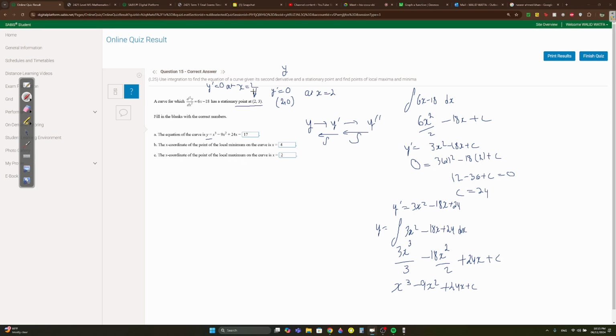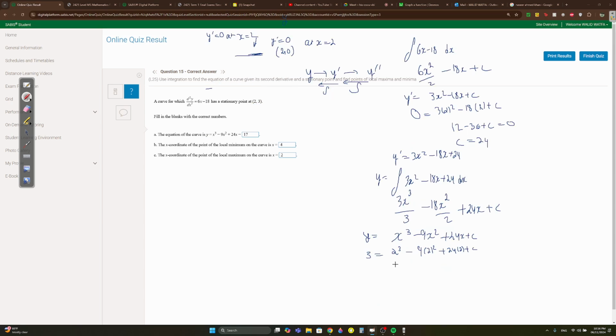Now, do I substitute 2 comma 0 or 2 comma 3? 2 comma 3, because y is the actual curve, so you substitute the actual point that's on the curve. So 3 is equal to 2 cubed minus 9 times 2 squared plus 24 times 2 plus c.